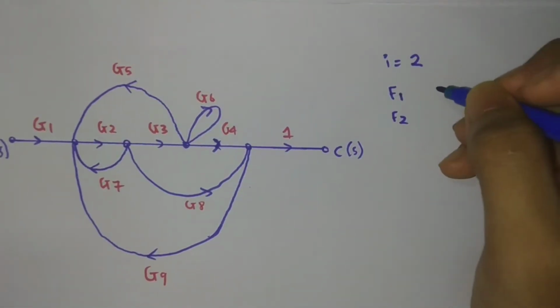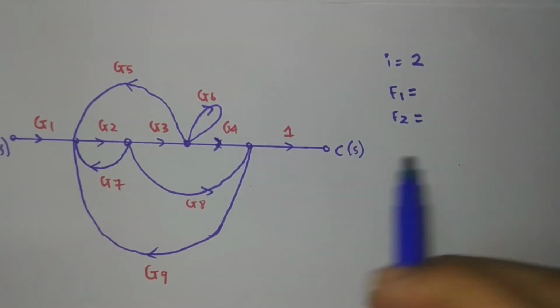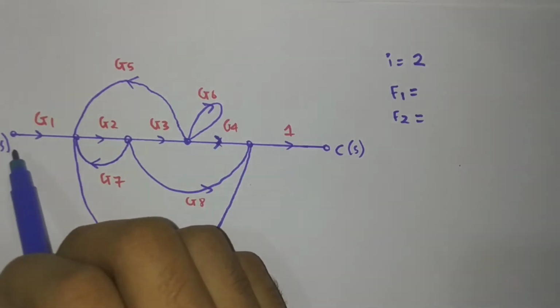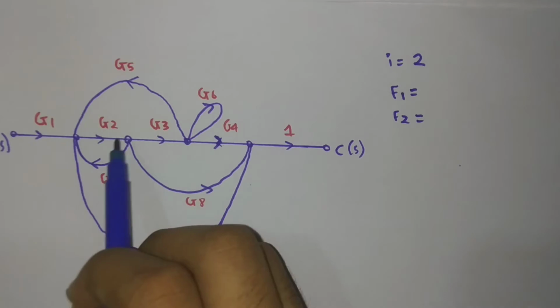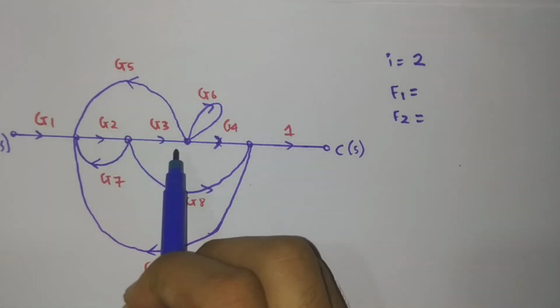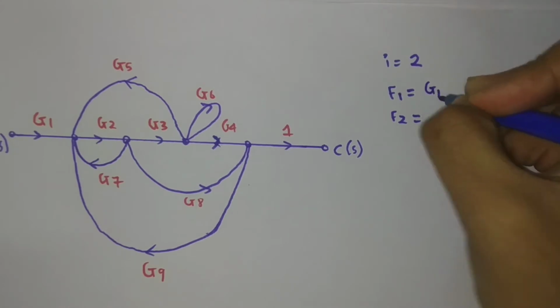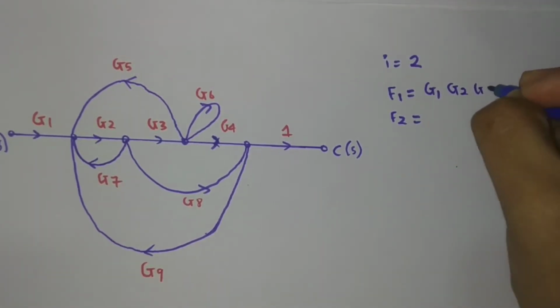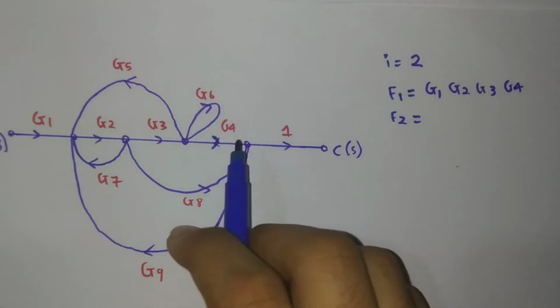Now we have to find the full gain of these 2 forward paths. Starting from R(s), the gain of the first forward path will be G1, G2, G3, G4, and the total gain will be the product of these, so F1 is G1 G2 G3 G4.